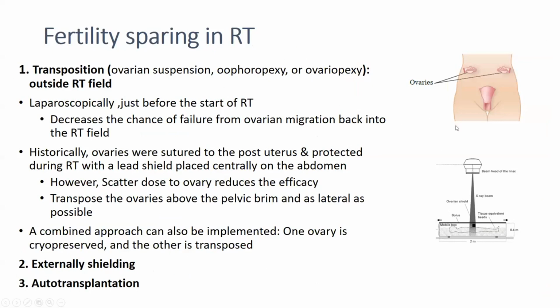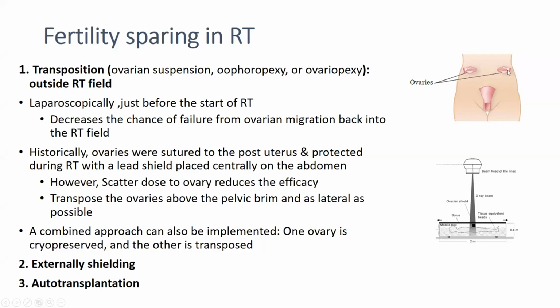Then in radiotherapy, transposition of ovaries can be done, which is known as ovarian suspension or oophoropexy or ovariopexy. The ovaries are transposed outside the radiotherapy field. Generally it is done on the day of start of radiotherapy or near the day of start of radiotherapy, so that the ovary does not migrate in the pelvis during radiotherapy.